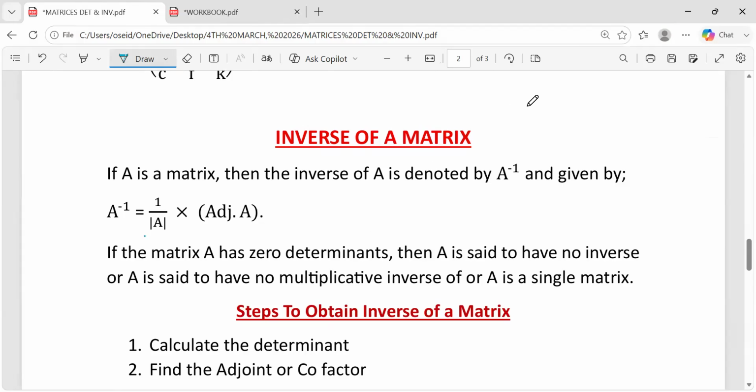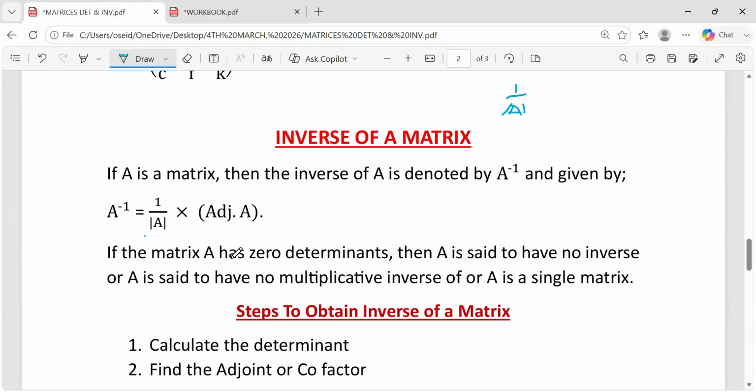Yes, because let's look at the formula. The formula says 1 over det A times adjoint. So it is through matrix A that we are going to get the determinant.